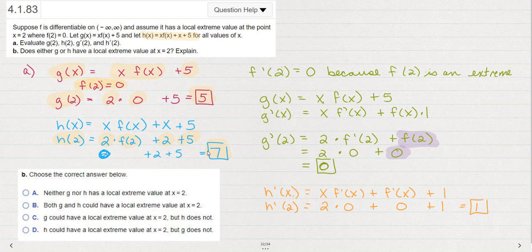How about f prime of 2? The reason we did this g of 2 and h of 2 is so that we can find g prime of 2 and h prime of 2. Those are the pieces we're really getting at, but g of 2 and h of 2 were necessary to be able to find those derivatives.